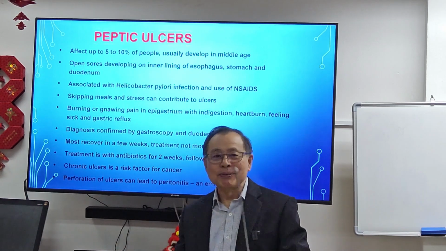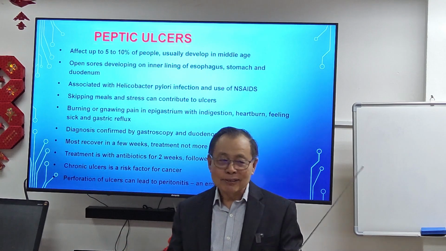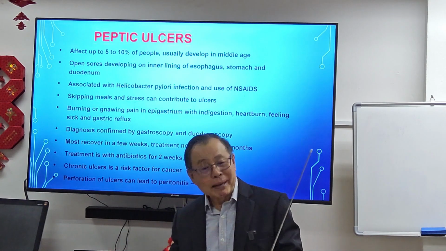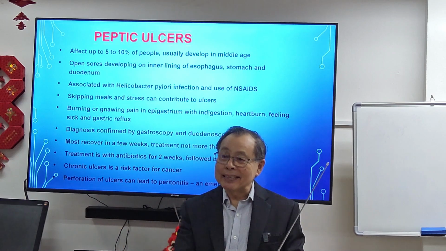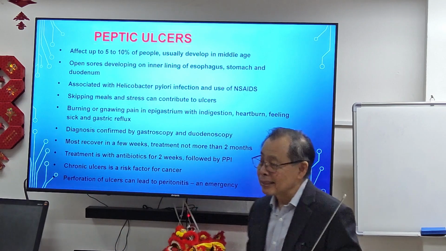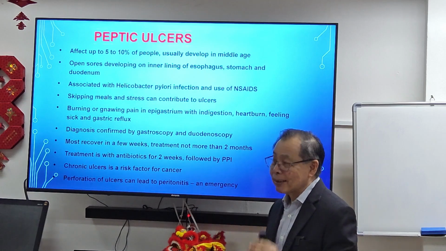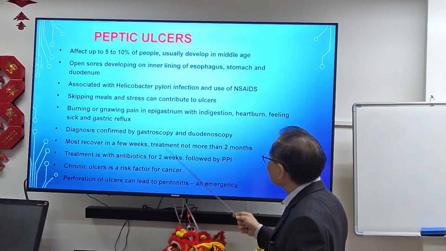Then they put the gastroscope in. Nowadays, gastroscope is fiber optic. It can bend. So you don't have to bend your head too much. Just put it in nicely, and you can see the stomach. It's quite amazing. So you can actually see the ulcers with the naked eye through the scope.